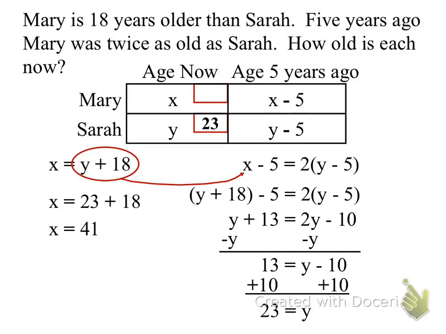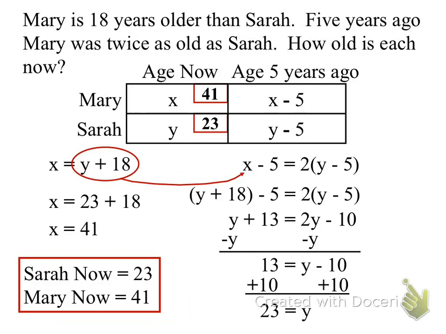So now, is this twice as old, Claire? Okay, Claire, is that twice as old now? No. But if you put it in here, it will work out. Maybe 5 years ago it was a true statement, but not here. Okay? Questions? So, now, Sarah now is 23 and Mary now is 41.